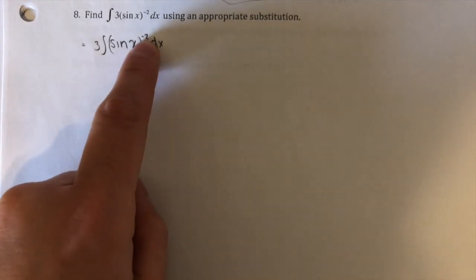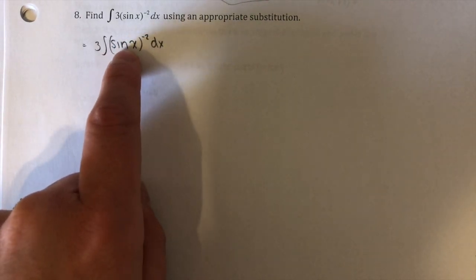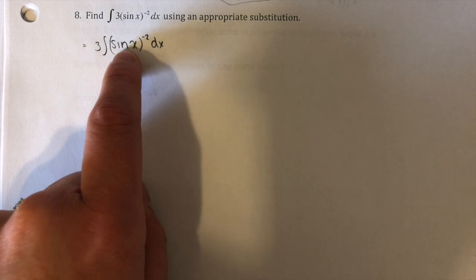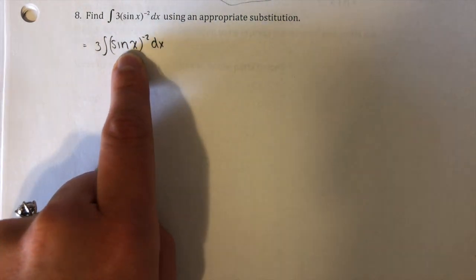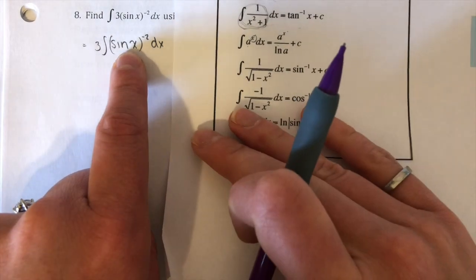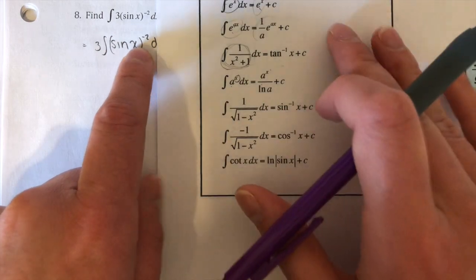We've got something to the negative 2. That's certainly complicated, but the derivative of sine is cos, and there's none of that showing up anywhere, so that's not the best substitution.